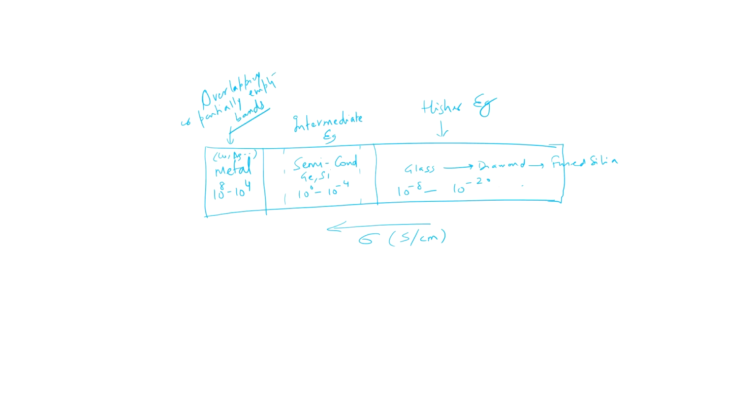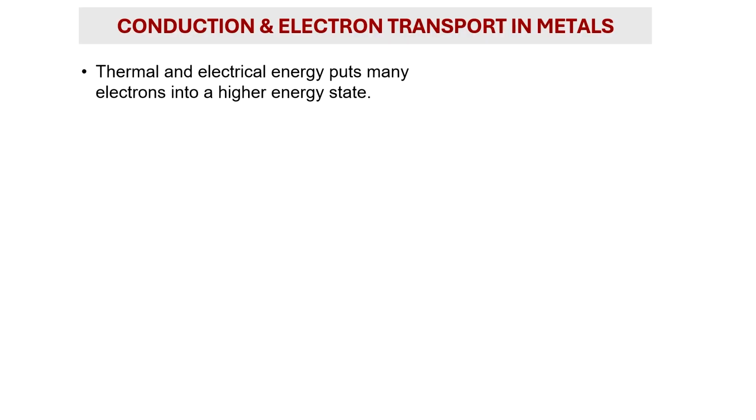And that is why metals are conducting, because they have states available for them. Semiconductors are not as conducting, and insulators are even more poorly conducting. So, basically this is what it means in the context of band structure.